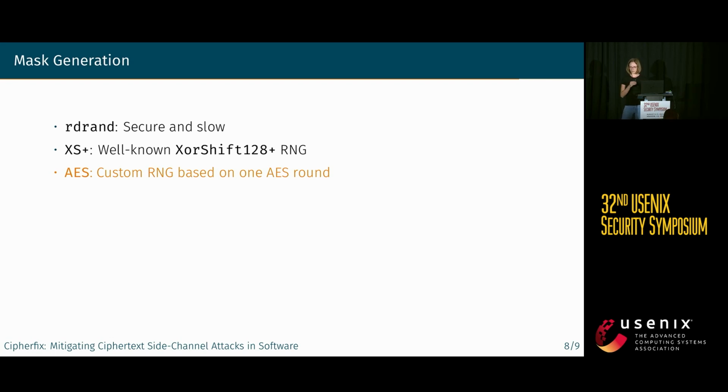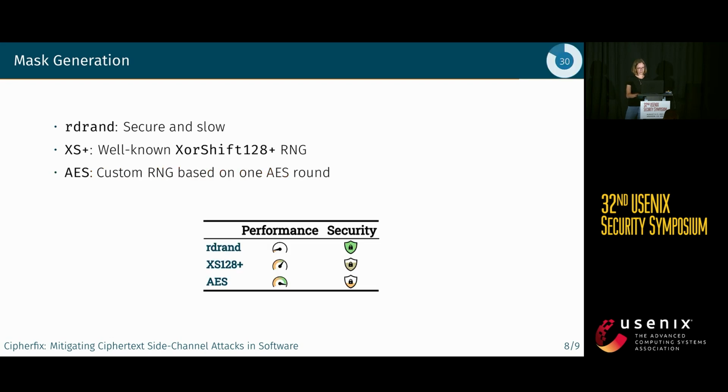You seed it, then you run one round of AES, and afterwards you'll have something new as your mask that you can put in your random buffer. And as soon as you reseed that from time to time with RDRAND, for example, for most implementations, it'll be enough. So this gives some trade-off. If you definitely need more security, you should stick to the slower versions, but there are also possibilities to make it faster.